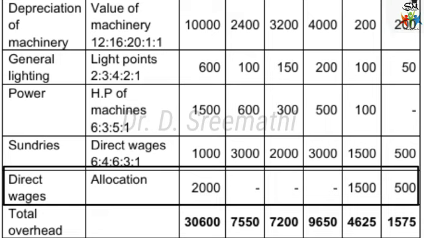Why is it so? When it is not reapportioned to the production departments, finally it should be absorbed by the output. Suppose you ignore the direct wages of the service departments; it will result in unabsorbed expenditure. It is very easy, but what you have to know is on which basis it should be distributed, how it should be divided, and how it should be absorbed in the various departments.